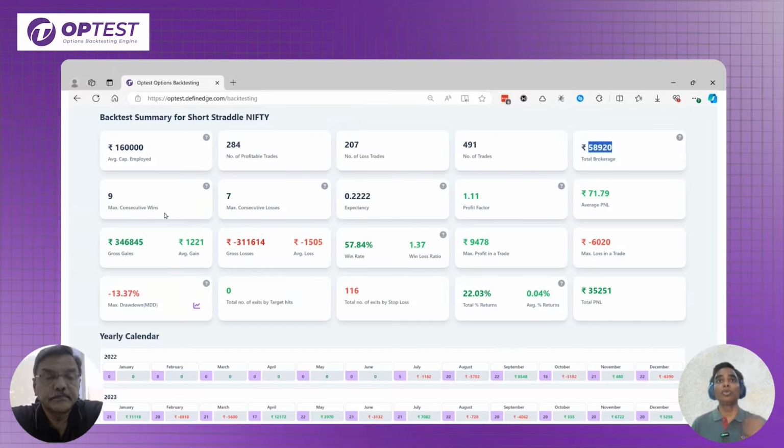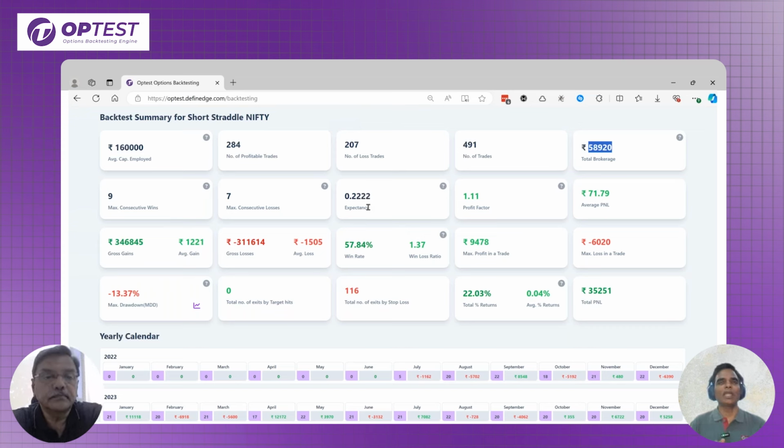Because it might be a coincidence that you are starting at such a time that you are immediately hitting those maximum consecutive losses. So this information will be useful to understand how this system is behaving in terms of backtesting results.